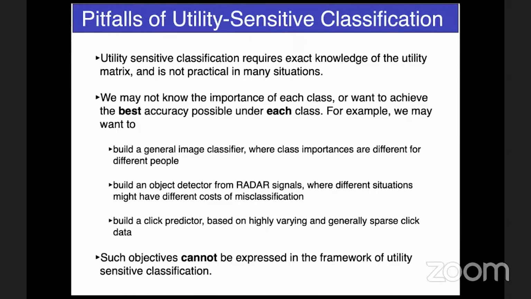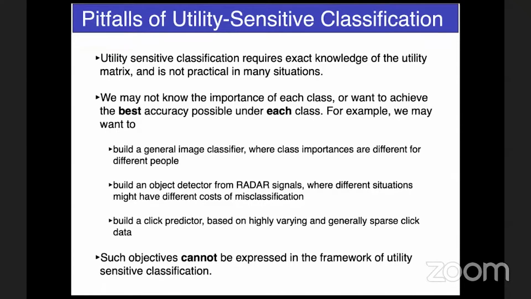For example, you might not know the importance of each class, or you might want to achieve the best accuracy possible under each class. These are all scenarios where you don't know the utility matrix beforehand. For example, let's say you want to build an image classifier, but some people might value dogs more, some cats more, some horses more, some tables more. So it is quite possible that class importances are different for different people.